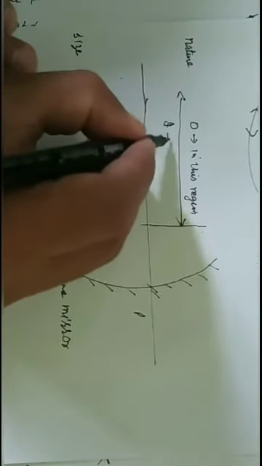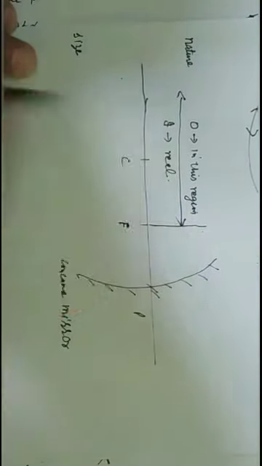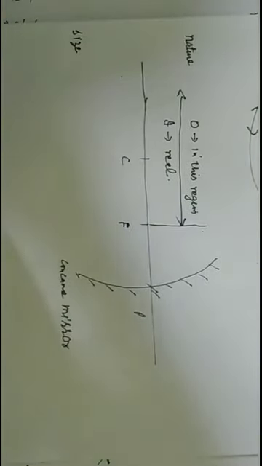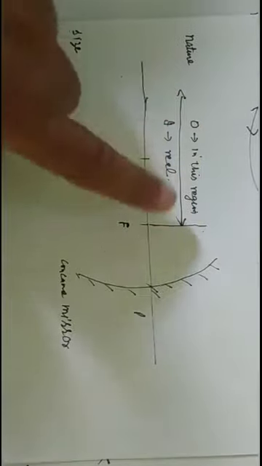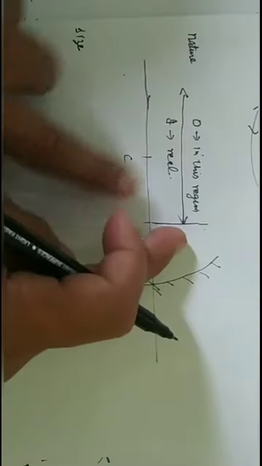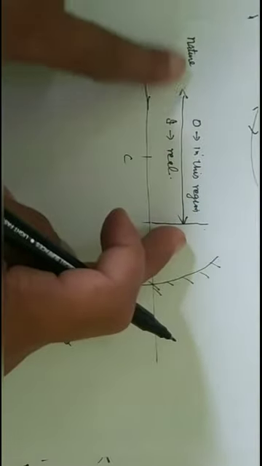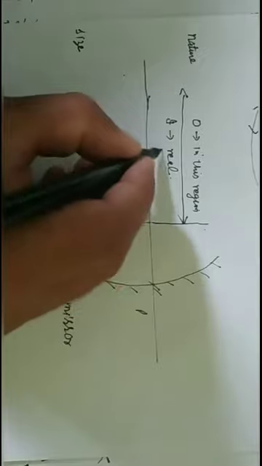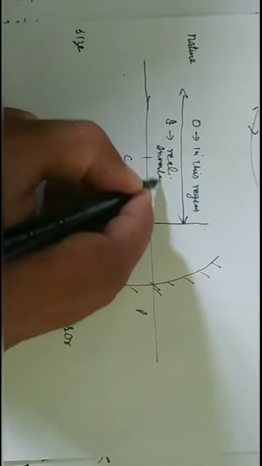your image will always be real, and a real image is always inverted. Again, if your object is in this region from infinity to focus, anywhere you place your object, your image will always be real, and a real image is always inverted.